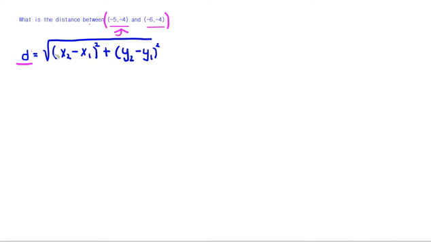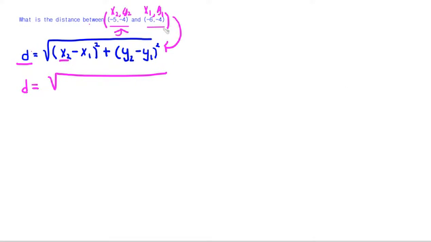At first, we know that the order of x2 and x1 matters, so I'll just call this x2 comma y2, and I will call this x1 comma y1. If you apply this to this question, we can say that distance should be equal to the square root of, what is the x2 value?